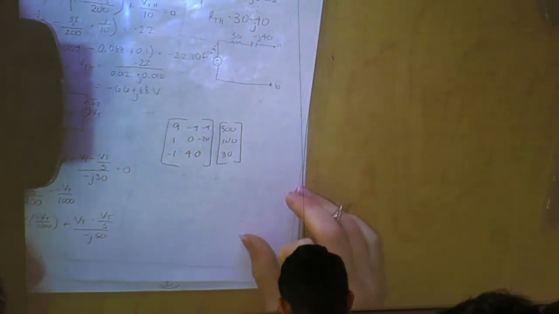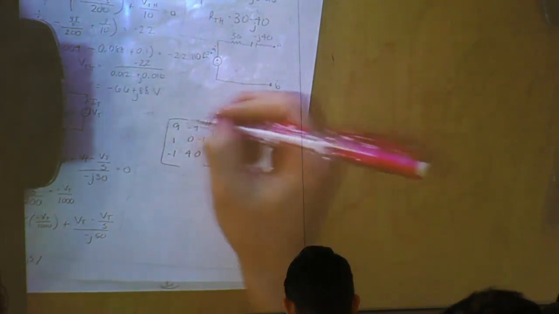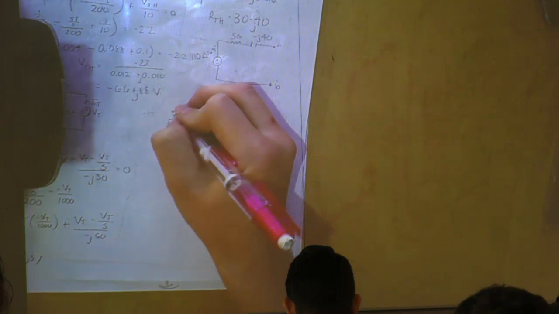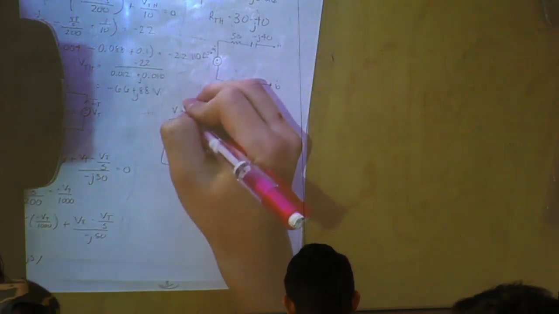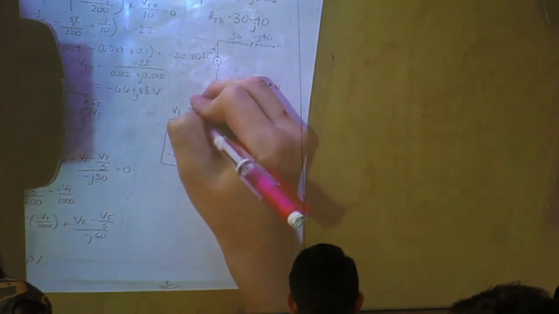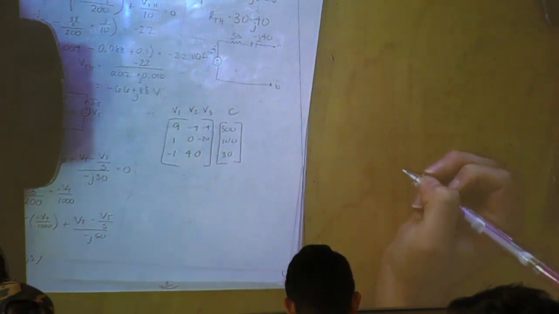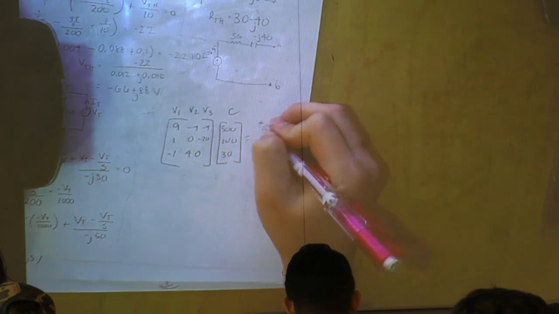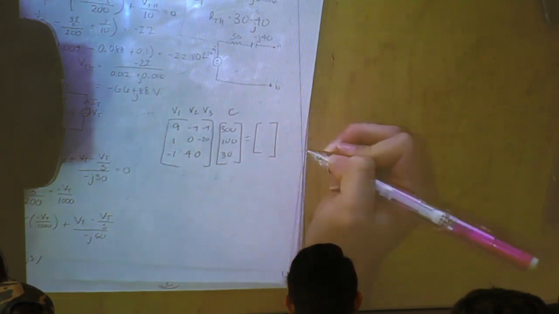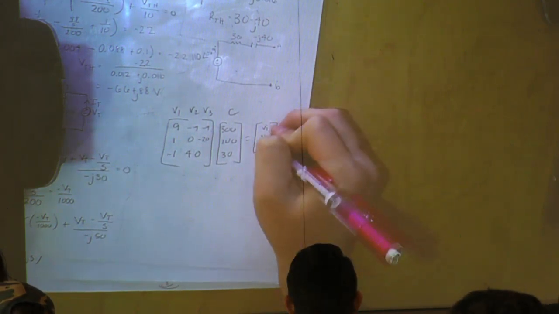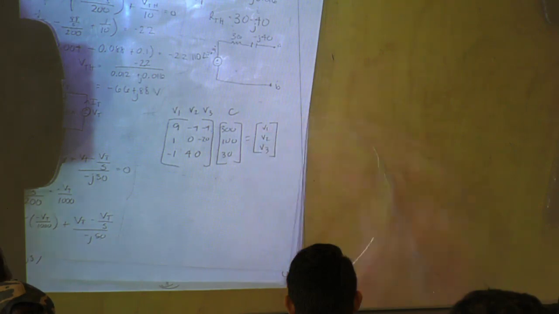So this is what our matrix looks like. And remember how on the first problem I was getting constants with our terms? And this is our C. So when you plug this into the calculator, it's going to give you a matrix that looks like this. And this will be V1, V2, and V3.